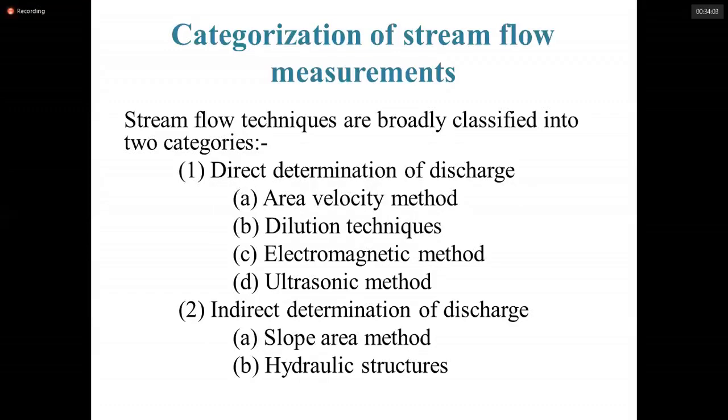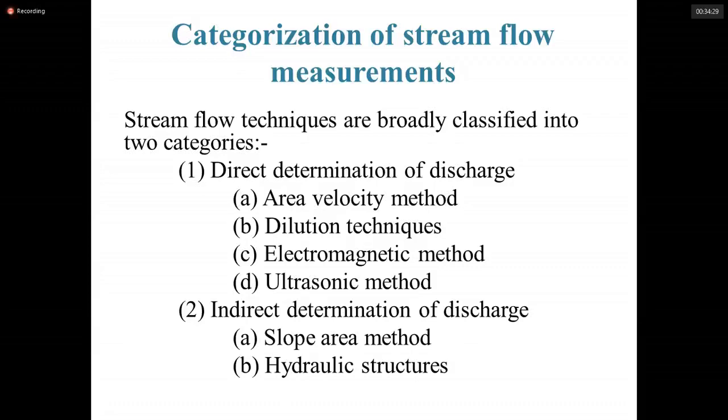These four are direct determination methods. The indirect determination methods are the slope area method and hydraulic structures. In today's practical, we will mainly consider the area velocity method.